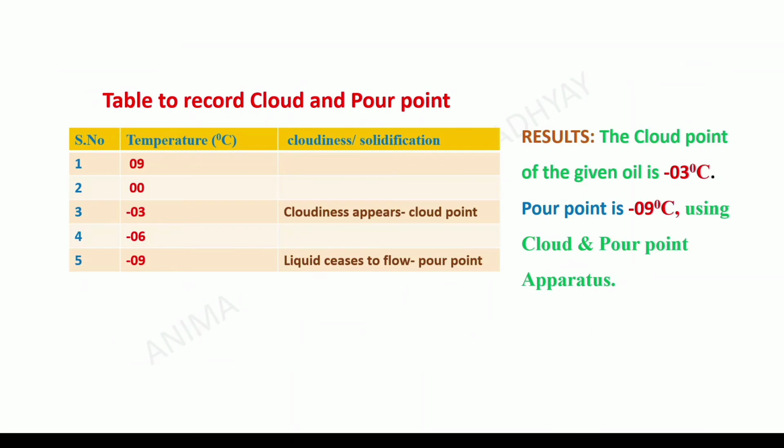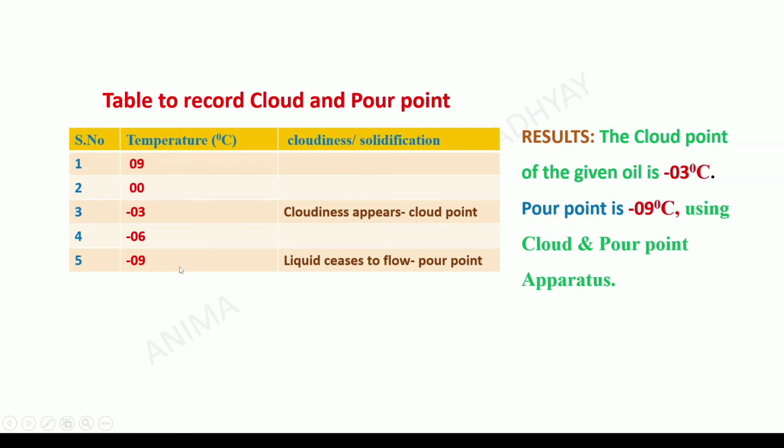Here in this table I have shown you how to record the cloud and pour point. So at 9 degrees centigrade there was no haziness and the oil was flowing, so it was further lowered to 0 degrees, then -3 degrees, a cloudiness appeared and this was recorded as the cloud point.